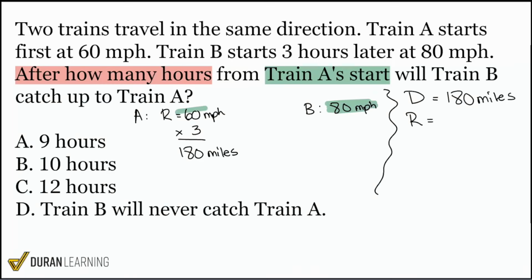What do we do again with that 80 and 60? We are going to subtract because, again, they're moving in the same direction. So 80 minus 60, that means that the second train, train B, is catching up at a rate of 20 miles per hour. It's catching up at that rate.